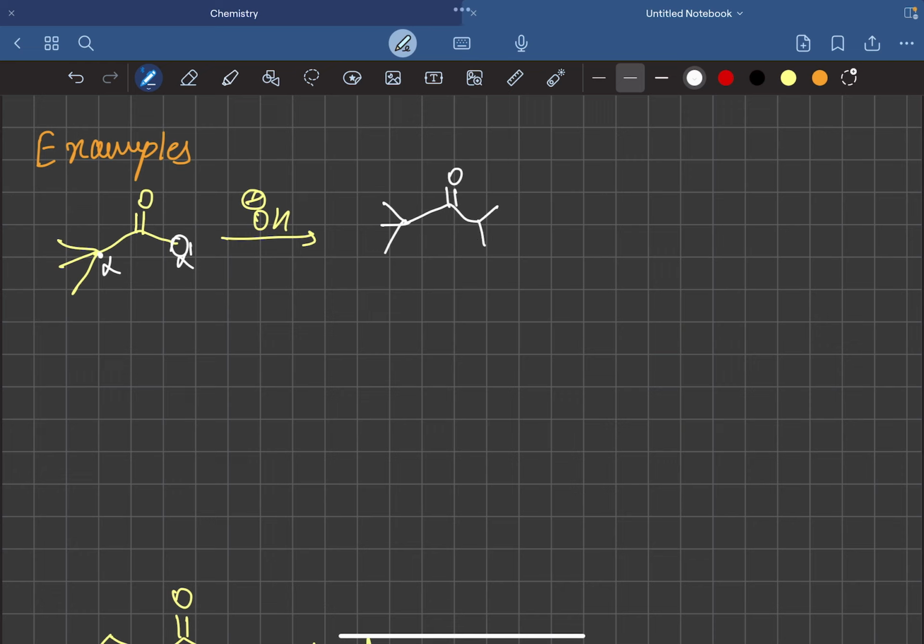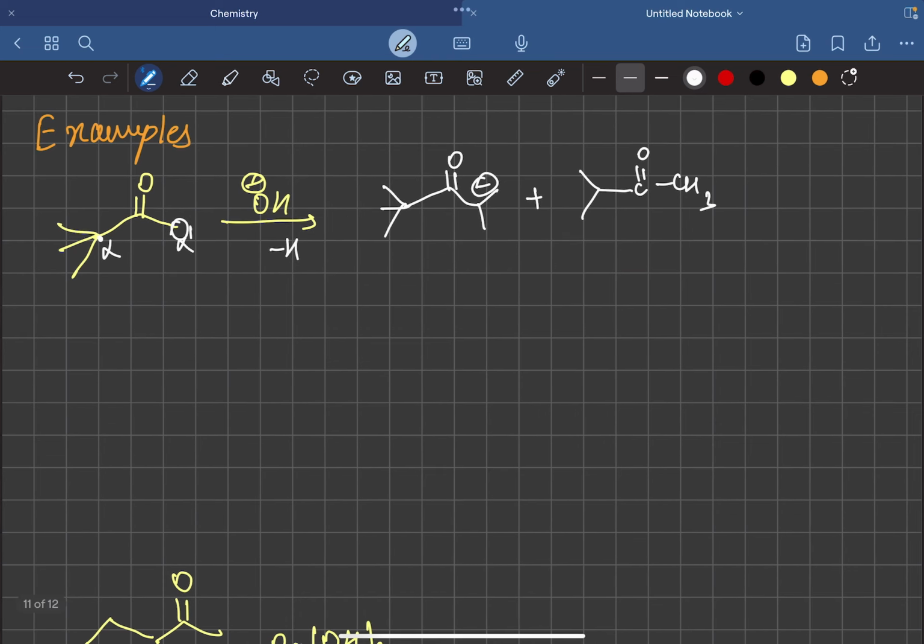Here there were 3 hydrogens, and 2 are gone, so a negative charge appears here. There will be another molecule, with this CH3. Now this pi bond will go and attack on this carbon, so the bond formation takes place like this.